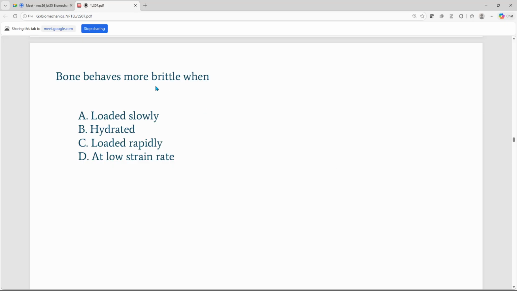Next question. Bone behaves more brittle when? When does the bone behave more brittle? Options are option A, loaded slowly, option B, hydrated, option C, loaded rapidly, option D, at low strain rate.